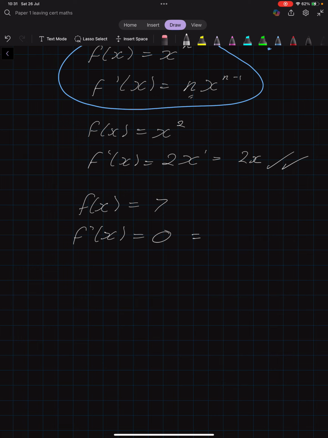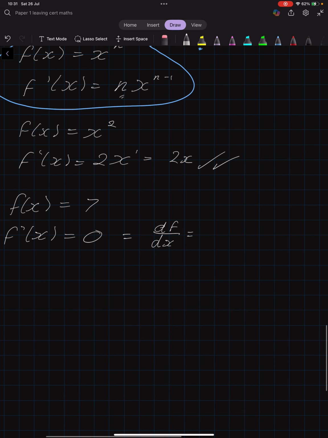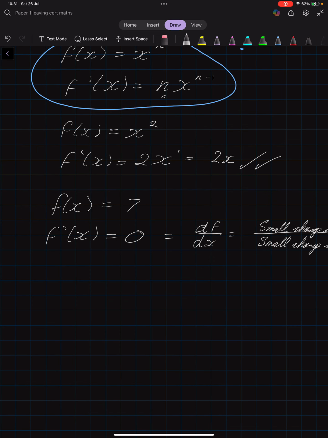Remember, f prime of x is df dx, which is basically the small change in f divided by the small change in x. If x changes a little bit, does 7 change? No. 7 always stays the same. It doesn't matter if x is 10 or 20 or minus 3.2, f of x is 7. So it doesn't change.